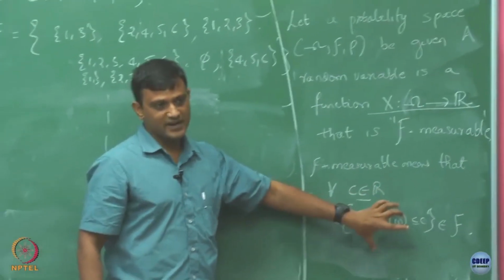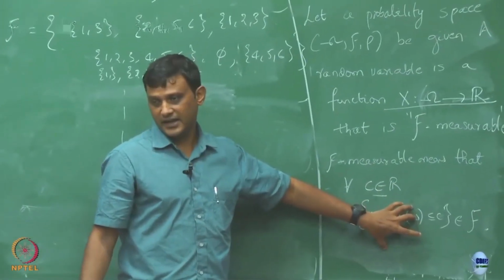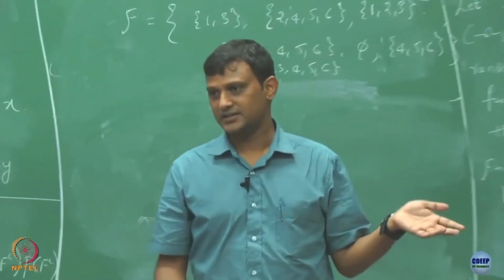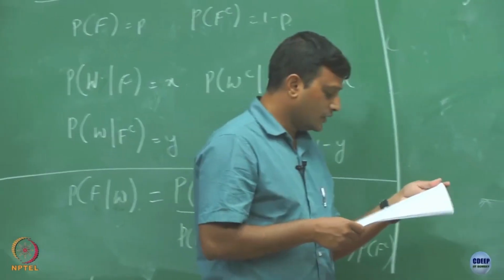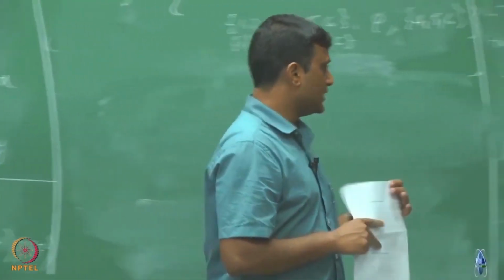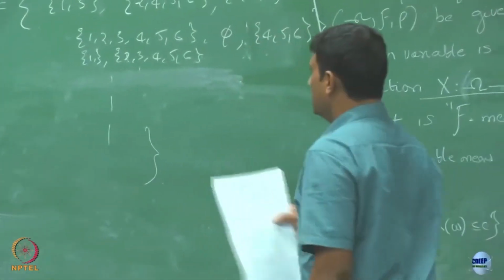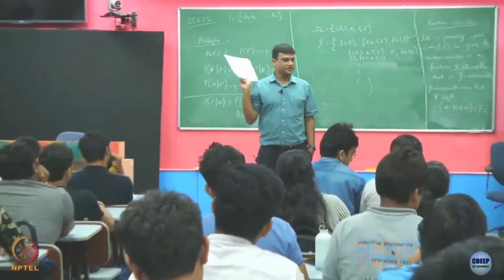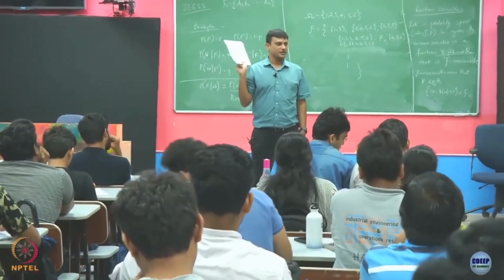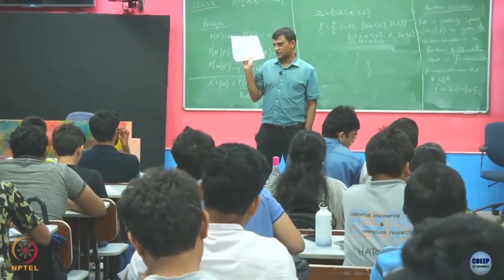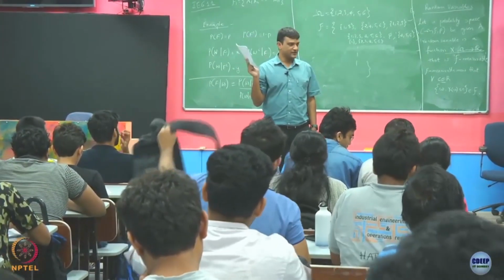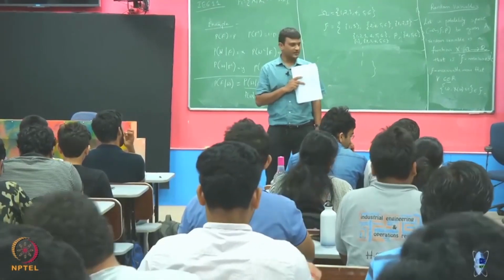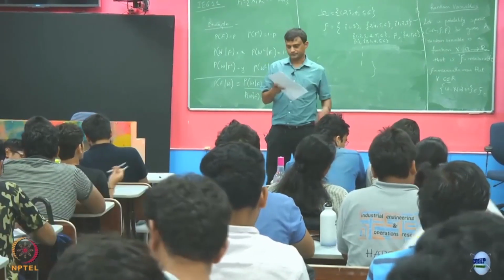If this measurability condition fails, then maybe the way I have defined my random variable is not appropriate. Okay, fine. So let's stop here. Maybe you need to just digest this fact that any function on the sample space need not be a random variable. It has to appropriately satisfy my measurability conditions. Okay.